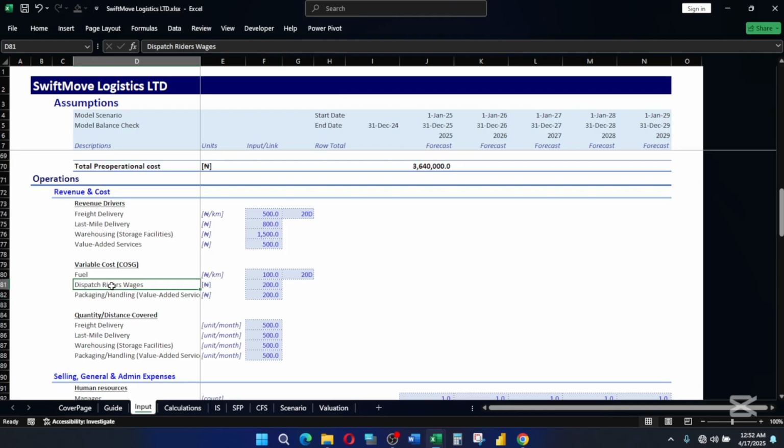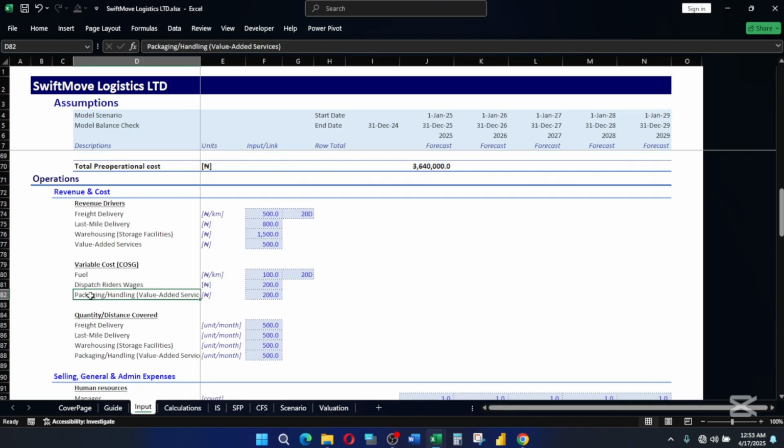In some instances, if it is based on salary, some people may decide to take them under admin or HR, under admin operations. But here we assume that dispatch riders are paid based on how many deliveries they make. That's the assumption we are building here.